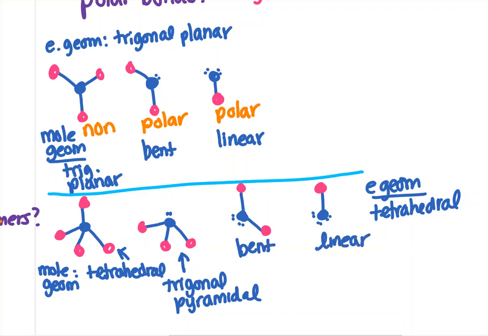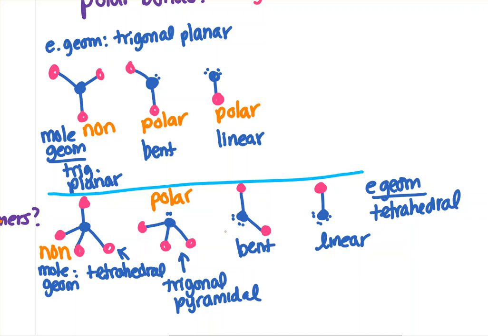And then let's look at the polarity. When there's no lone pairs, as long as all of these elements are the same, then it will be nonpolar. If one of those elements were different, it would be polar. With a lone pair again, that creates a negative end of the molecule, so this is polar.